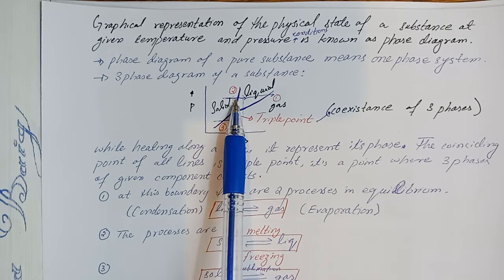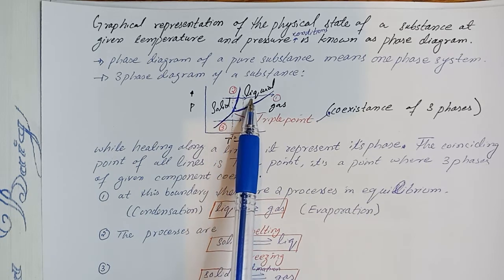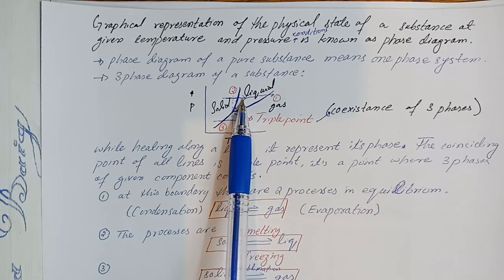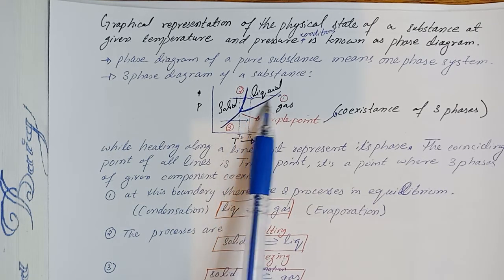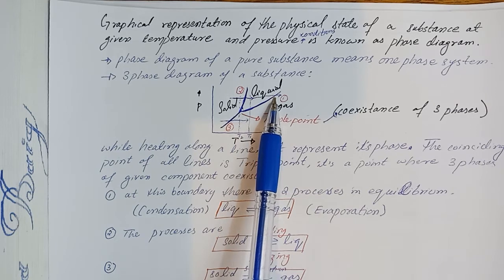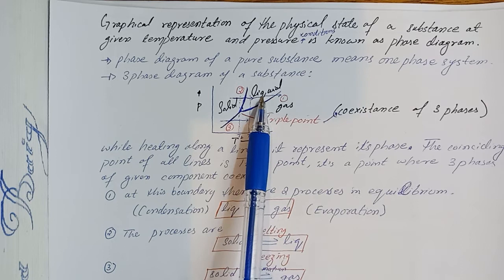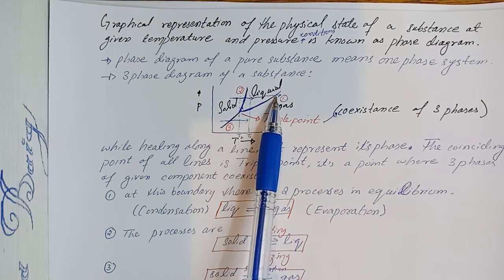And then by further increasing the temperature of the substance, the liquid phase persists for a while until a temperature is reached that is the point between the liquid and gas phase boundary. So this point is known as evaporation.